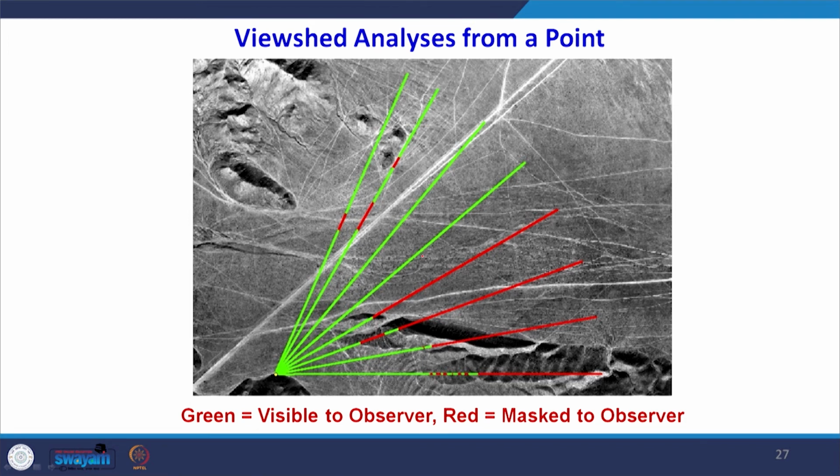Now this is a satellite image, and on the satellite image, if you superimpose your position, this is the position of the observer. The point here shows the position of the observer at that particular location, and which areas you see all around you. Those lines are the lines of sight.